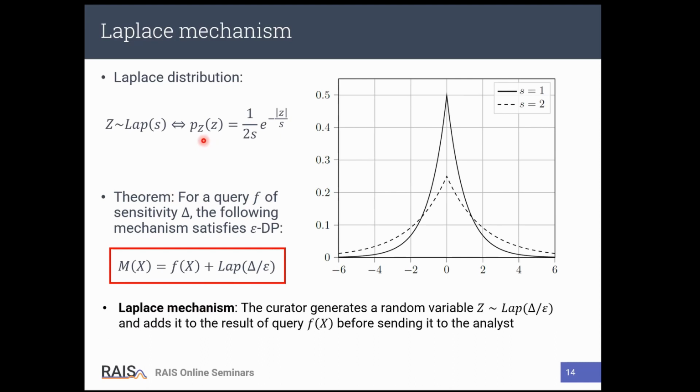Well, basically, we use the Laplace mechanism, and I won't go into details, but the Laplace distribution is similar to the Gaussian distribution, but a little bit more spiky, because it's a two-sided exponential distribution.